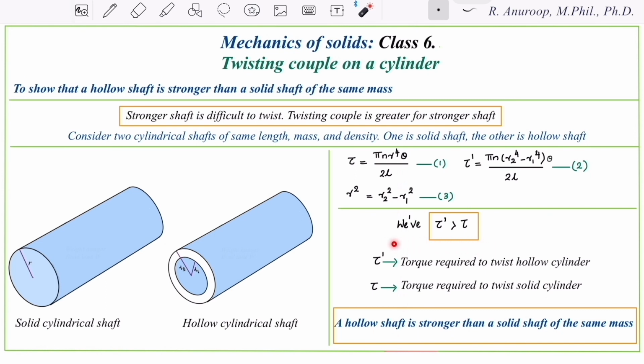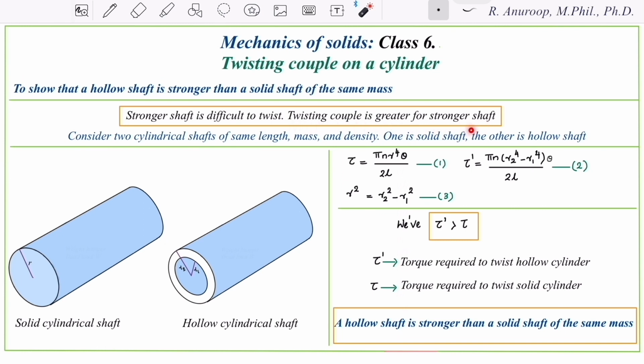What is tau dash? Tau dash is the torque required to twist the hollow cylinder. Then what is tau? Tau is the torque required to twist the solid cylinder. That is, we have the result that the torque required to twist the hollow cylinder is greater than the torque required to twist the solid cylinder. We have already seen that the twisting couple is greater for a stronger shaft.